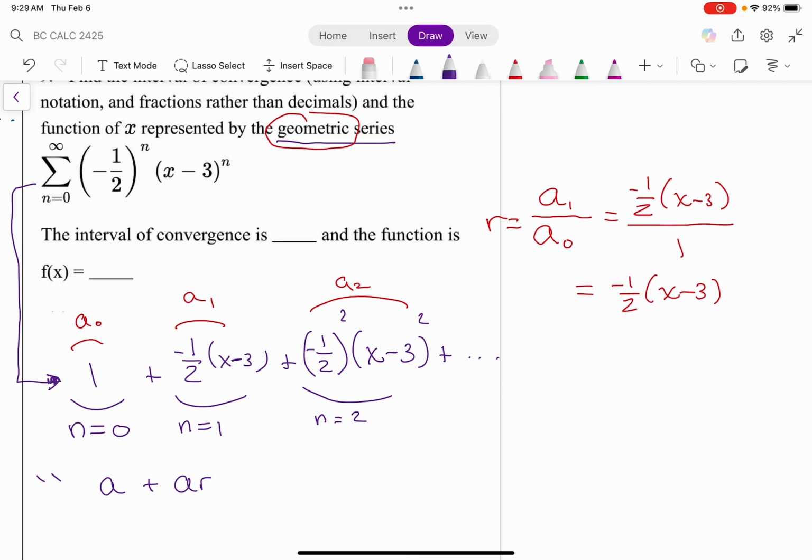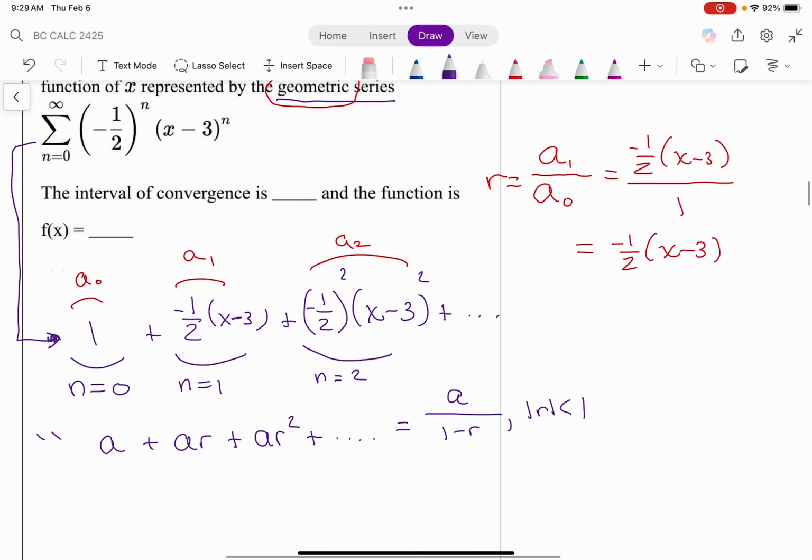And then again, this is fitting the form, every geometric series in general has this basic structure. Okay, and we know that's equal to, we're going to get our function from this expression. So my first term is a 1.